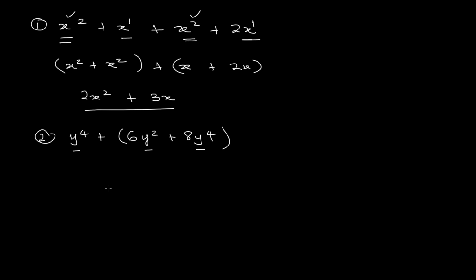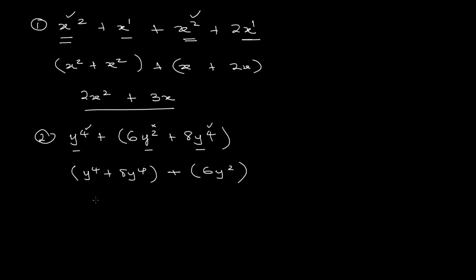Yes, all of them are the same variables. Have they got the same powers? We only have two that have the same powers. So we put these ones together with the same variables and same powers, like that. Then we have this one that will be left alone there.